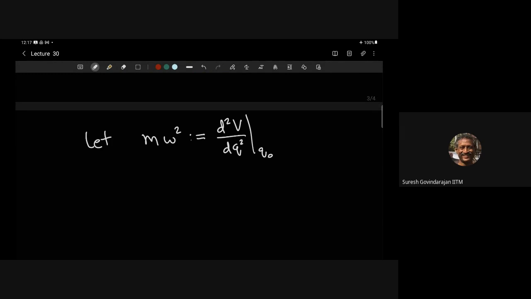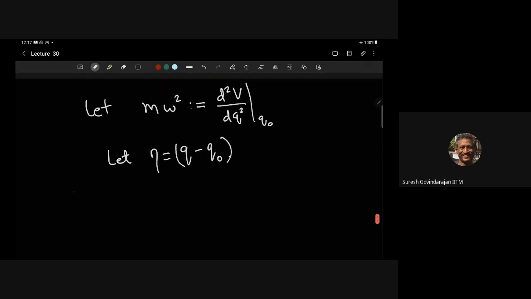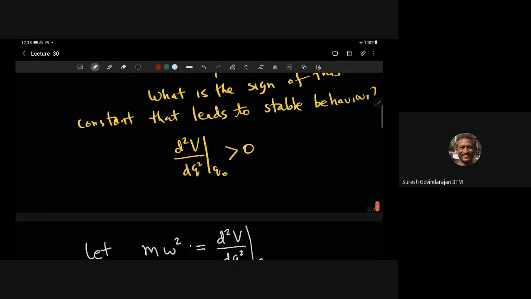Let's do one more thing. Let eta be defined to be q minus q naught. So the L approx will be half m eta dot square minus half m omega square eta square. The half comes because there's a 2 factorial here.